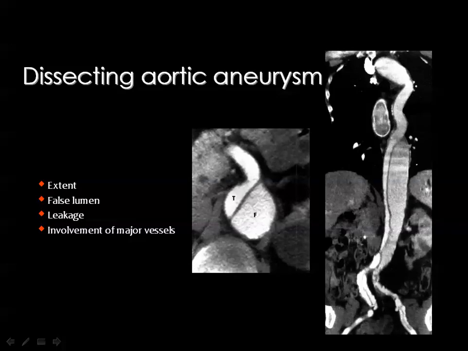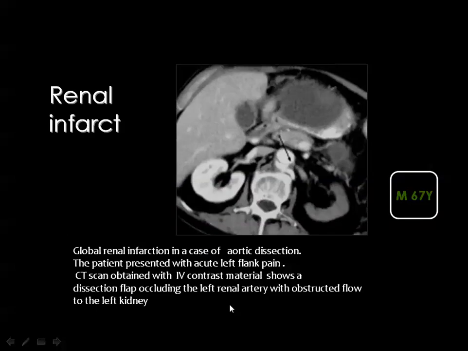And this is an example of dissecting aortic aneurysm affecting the descending aorta, which is markedly dilated. And you see that the intimal flap is affecting the aortic lumen and not affecting the superior mesenteric artery. And in the reconstructed image, you can see the extension of the dissection into both common iliac arteries.